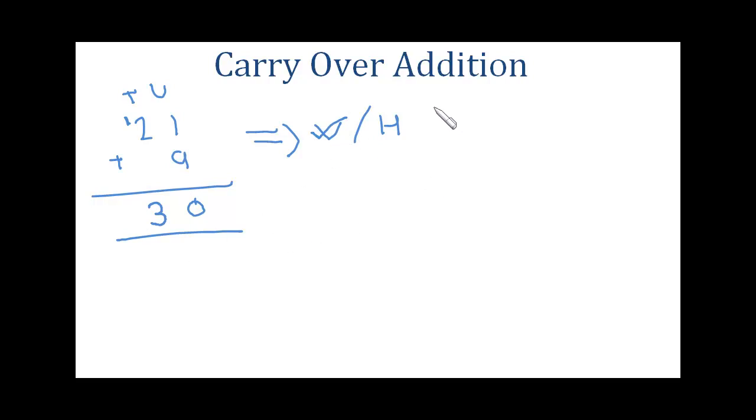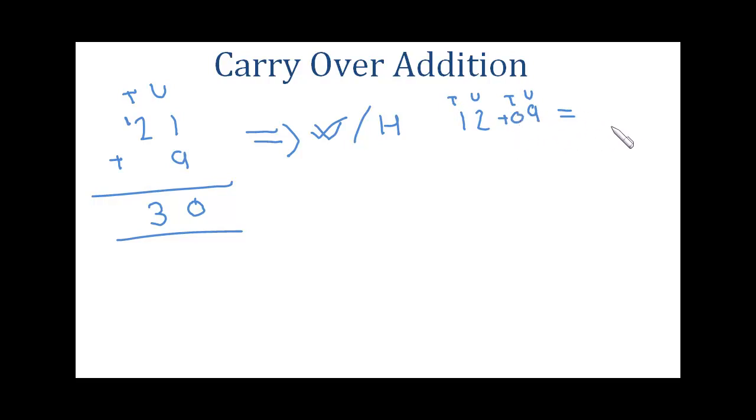Now similarly, we'll take another question. Suppose we have 12 plus 9 equals, so that's tens and units, and 0 over here.